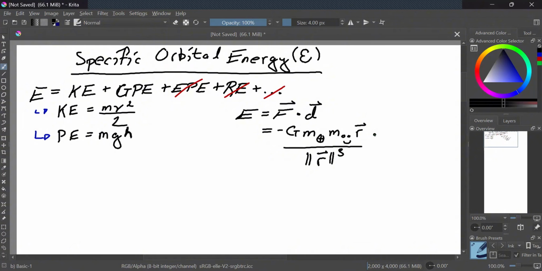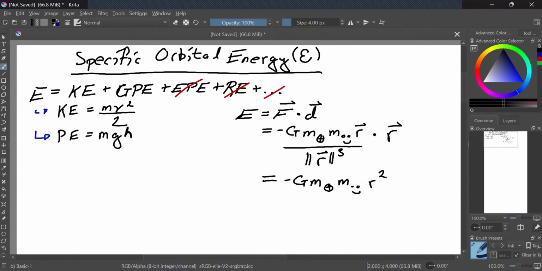And it's dotted with the distance. And the distance, in this case, is going to be the radius from the center of the system to the satellite, which happens to be our R vector. And so carrying that onward, just as before in the specific angular momentum episode, when you see a value crossed with itself, it becomes 0.